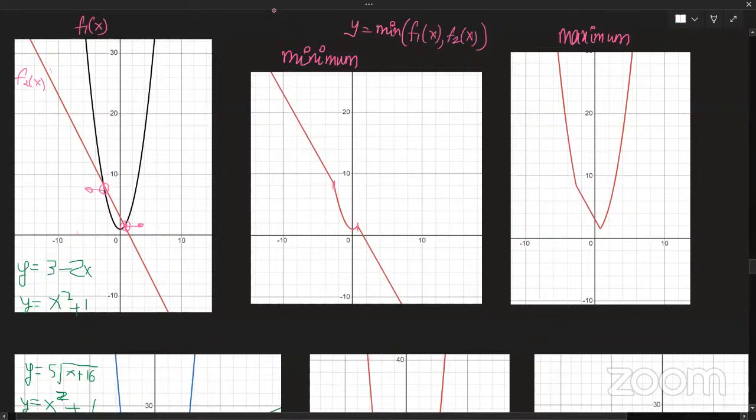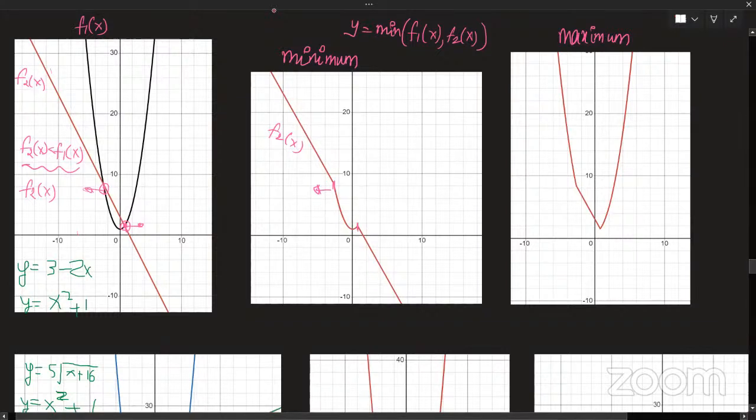See, to the left side of this intersection point, this red line is below my black curve. So basically, to the left of this intersection point, my f2 of x is lesser than f1 of x. So it will choose f2 of x.